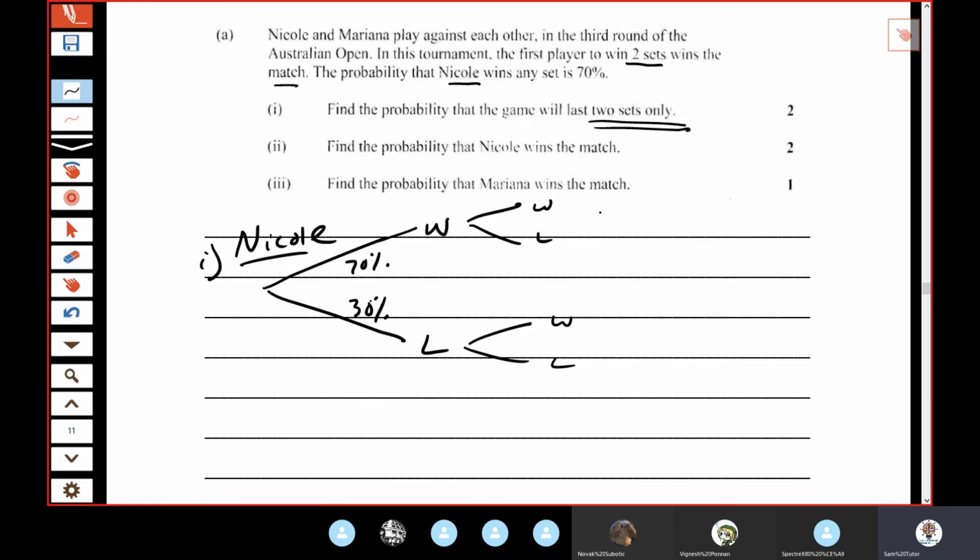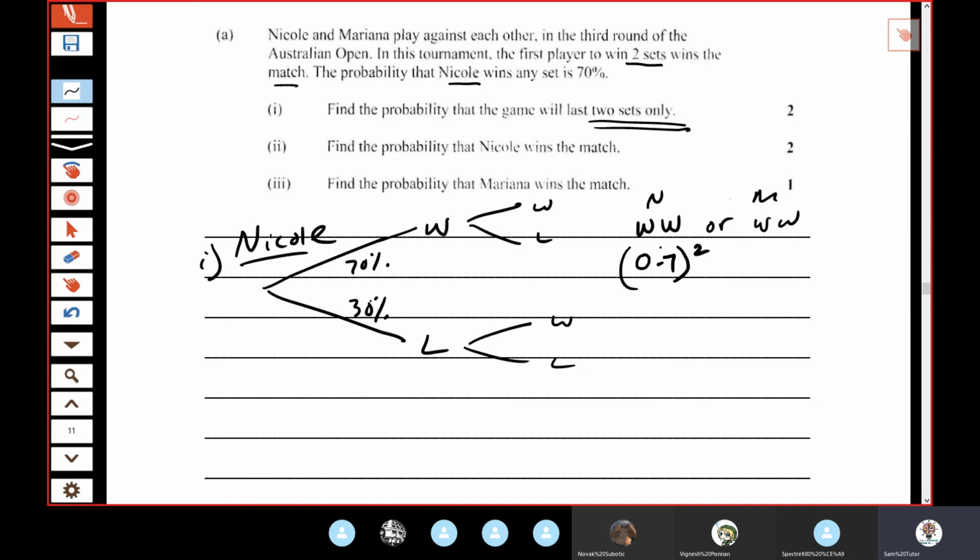So that means Nicole has to win, or Mariana will have to win. What's the probability of Mariana winning? 30%. Right, because that's the probability of Nicole losing, of course.